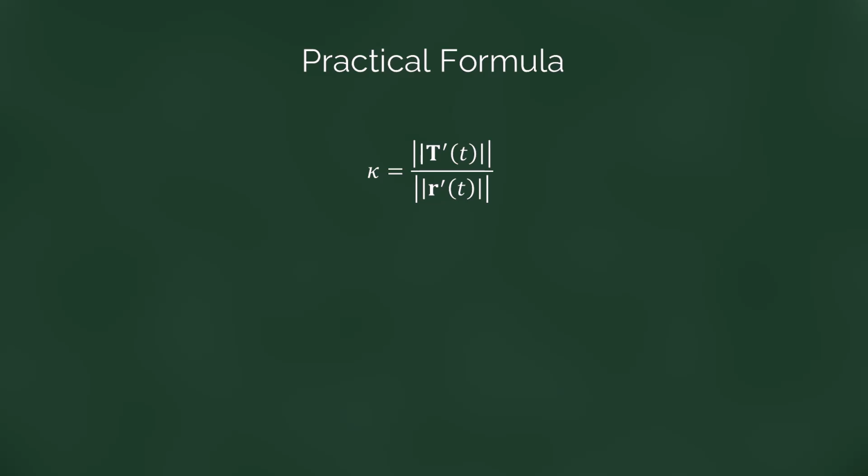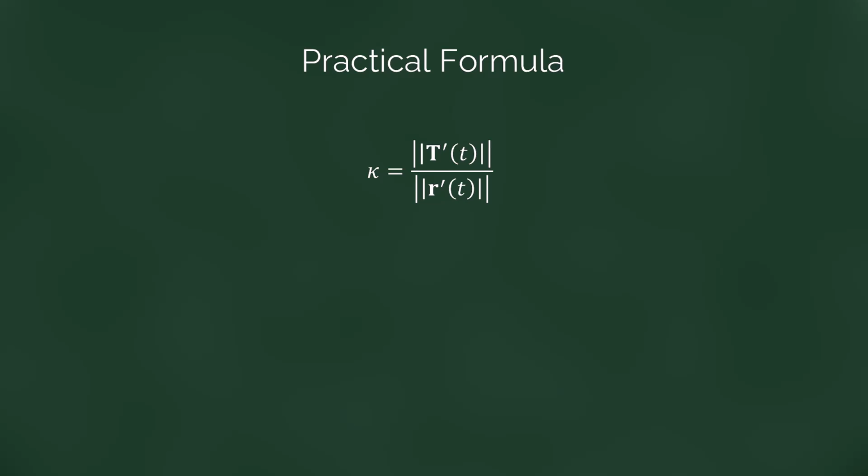If we start off with the idea that kappa is the magnitude of dT/ds, we know from the chain rule that this is dT/dt times dt/ds. Let's see if we can get a grip on what this looks like. We know that s of t is the integral from 0 to t of the magnitude of r prime of u du.